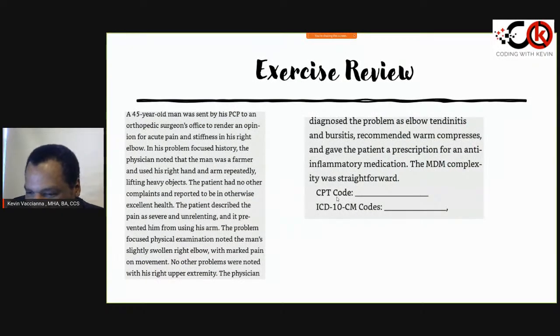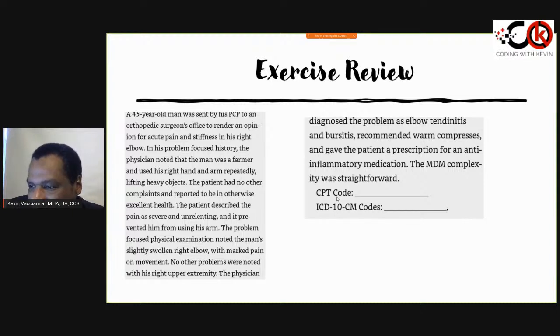A 45-year-old man was sent by his PCP to an orthopedic surgeon's office to render an opinion for acute pain and stiffness in his right elbow. In his problem-focused history, the physician noted that the man was a farmer and used his right hand and arm repeatedly, lifting heavy objects. The patient had no other complaints and reported otherwise excellent health.